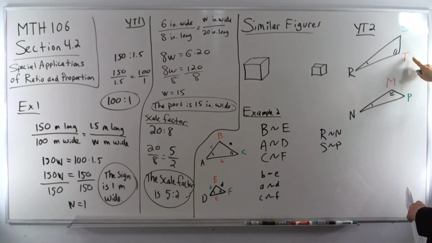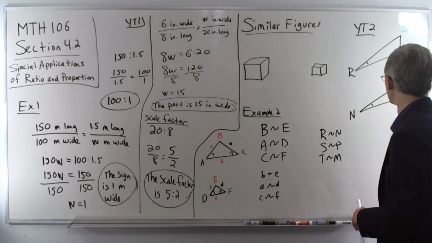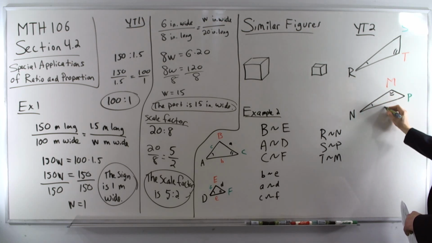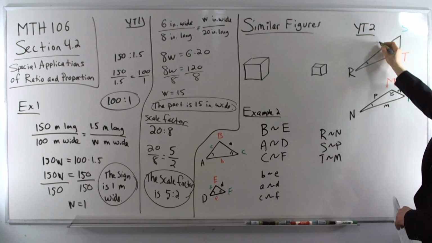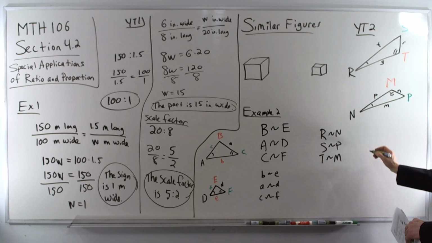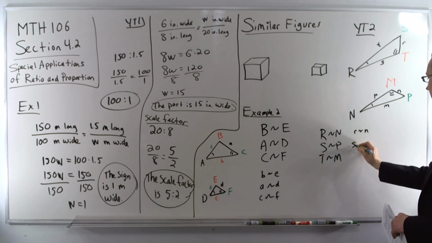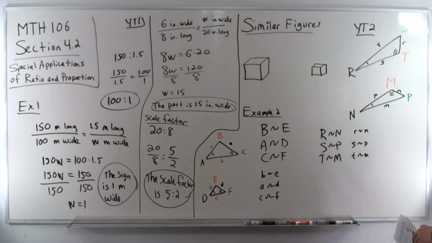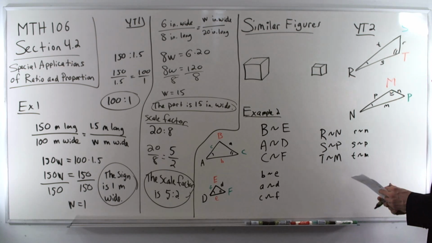And then those with two markings, T and M. And now for sides, opposite side M, got an M here, got a P here, and an N here, T, S, and R. So corresponding sides, R corresponds with N, S corresponds with P, and T corresponds with M. And it's those corresponding sides that we use in the proportion.